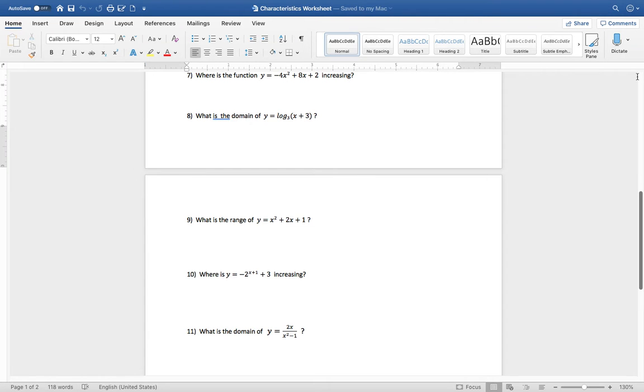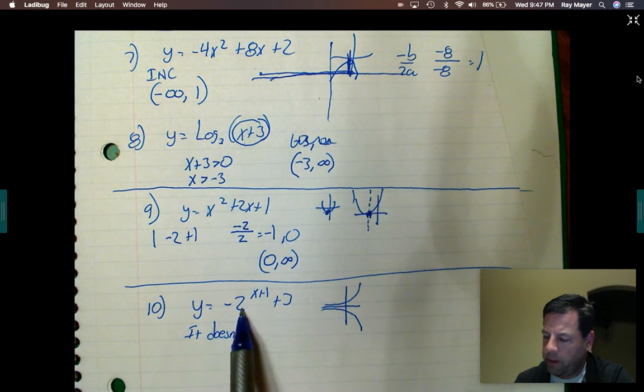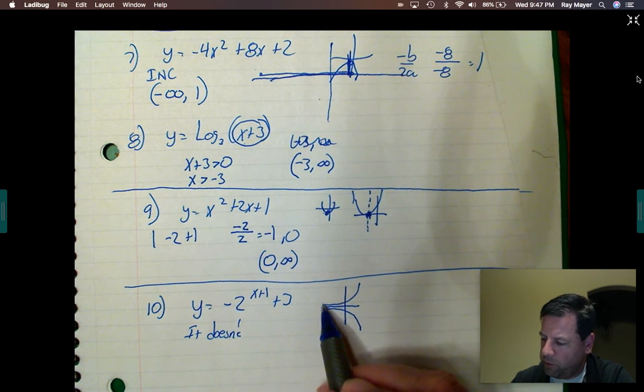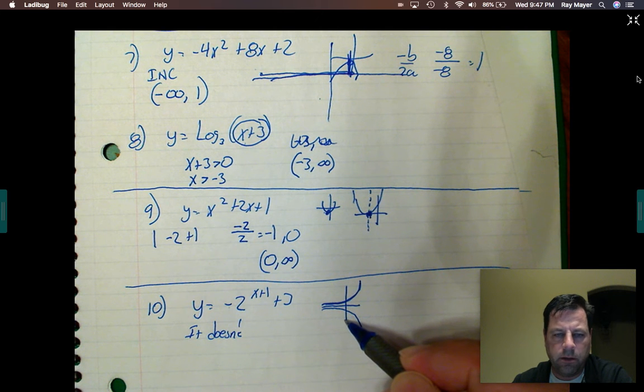I don't think this one increases. It doesn't increase. It decreases the entire time. Sorry, guys. This is what 2 to the x would look like. Negative 2 is going to flip it over the x-axis.